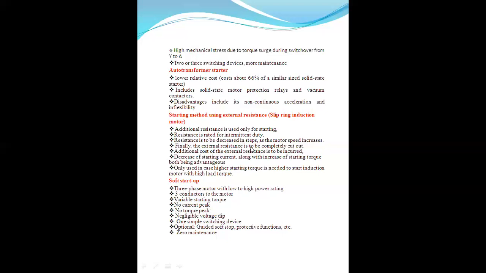Finally, the external resistance is completely cut out. Additional cost of the external resistance is incurred. There is a decrease of starting current along with an increase of starting torque, both being advantages. It is only used in cases where higher starting torque is needed to start an induction motor with high load torque.